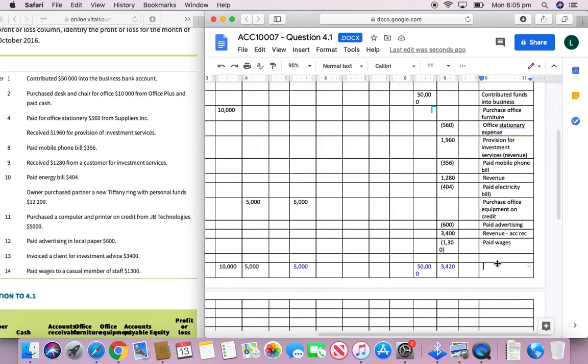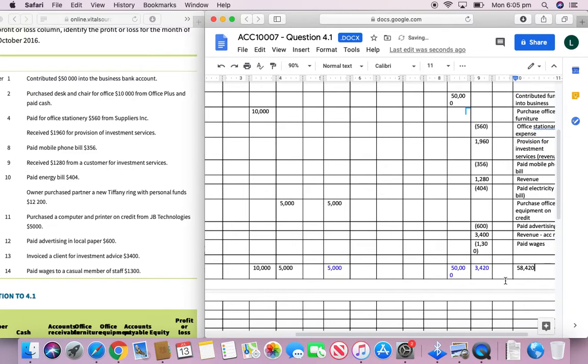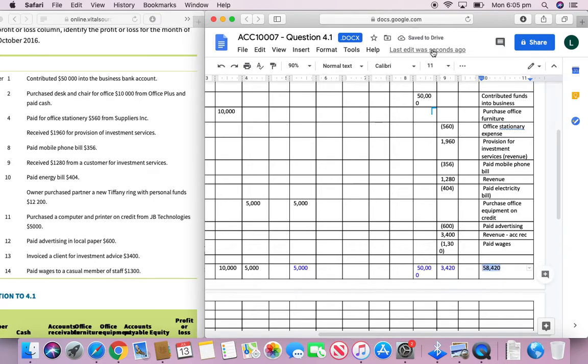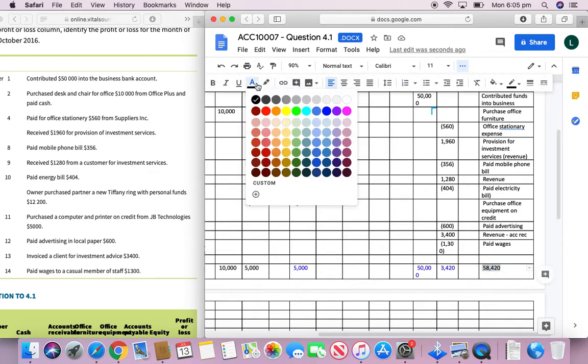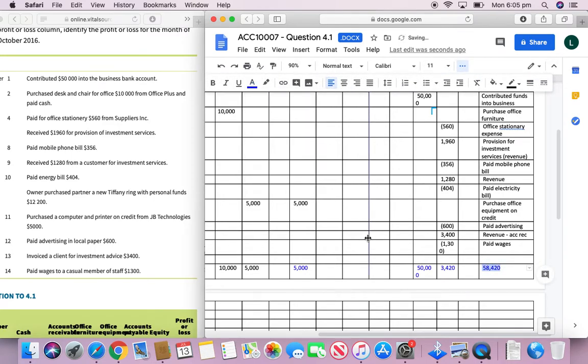You don't have to do this. 58,420. I'll highlight that blue so you can see the difference.